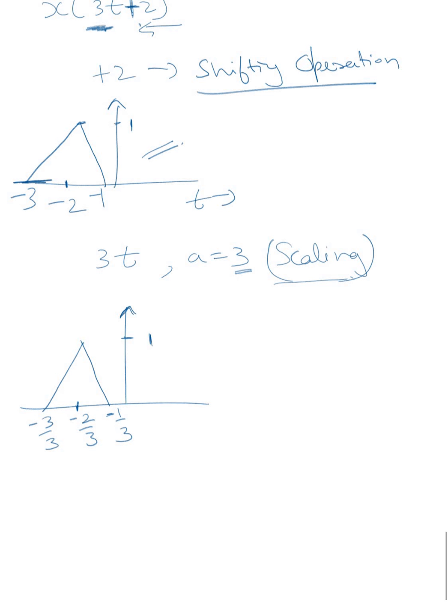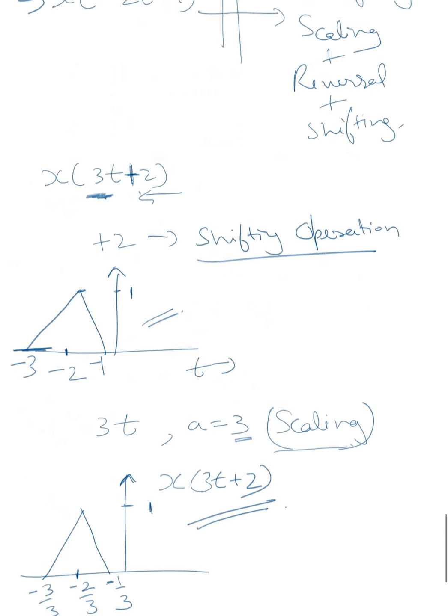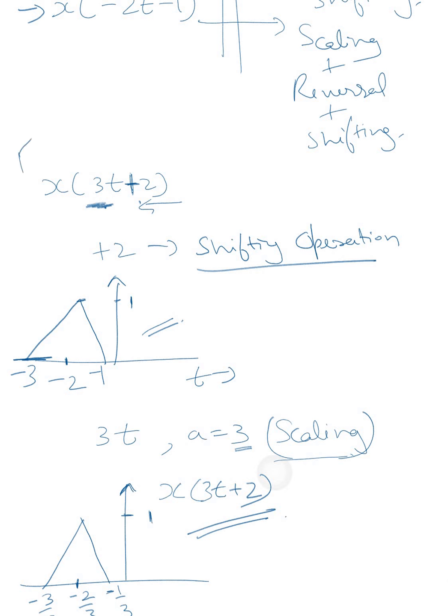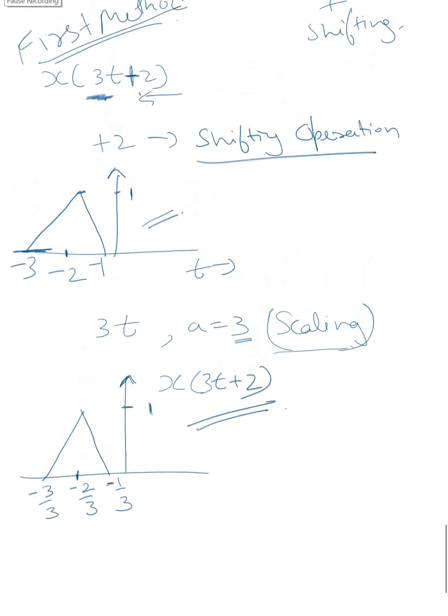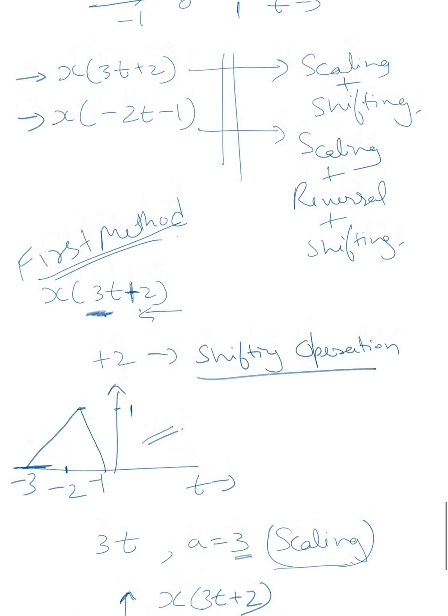So this is the final signal, that is x of 3t plus 2. So this is the first method in which we can implement a combined transformation.